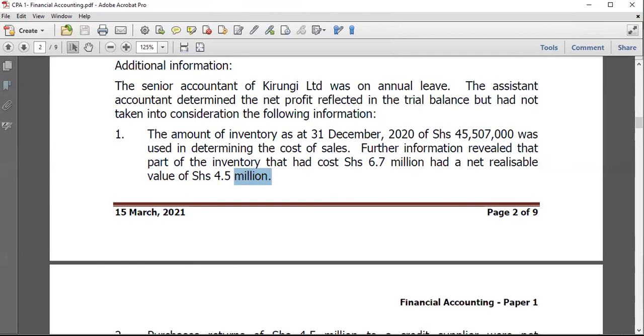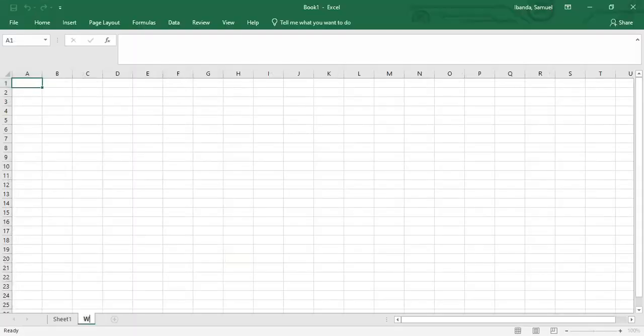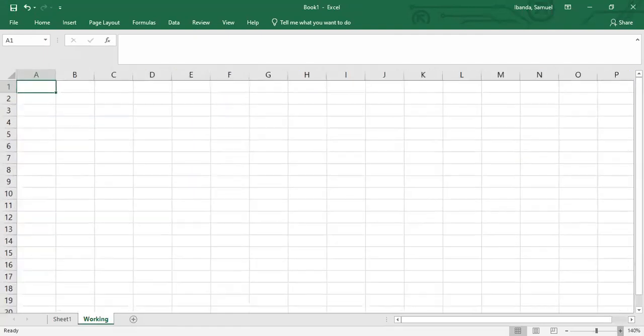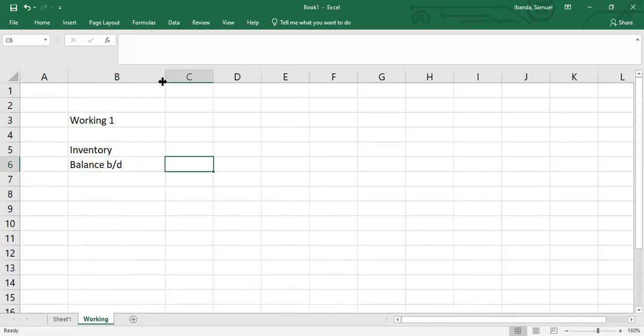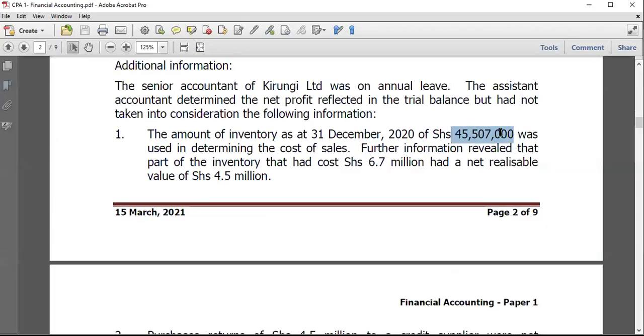Okay, so I'll just come right here and maybe have a tab for working. This could be my working one. So I have inventory, and the balance brought down for this inventory, as provided from the information, is 45 million.